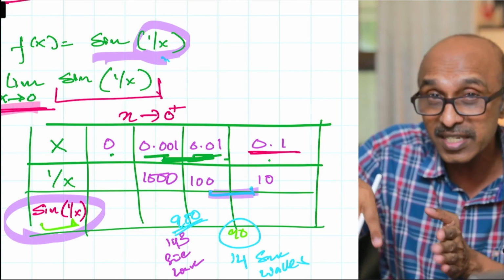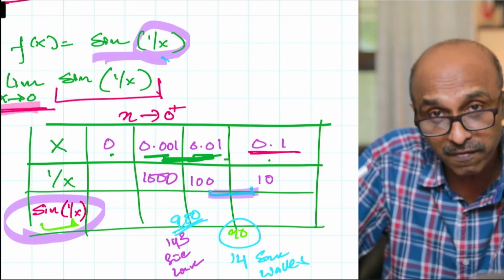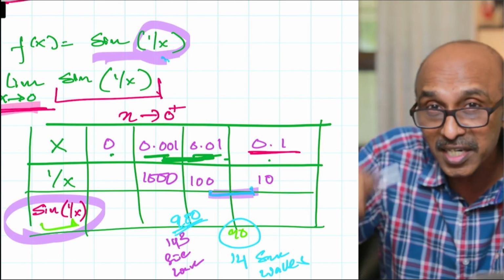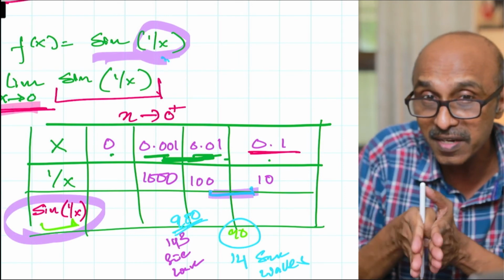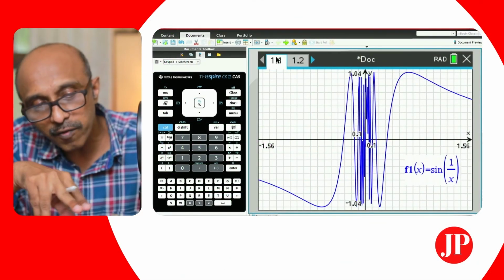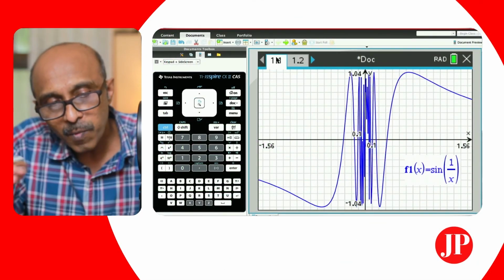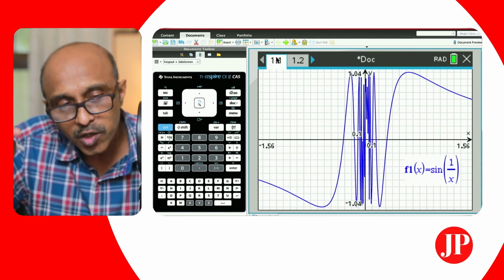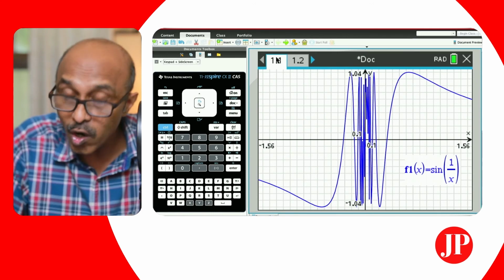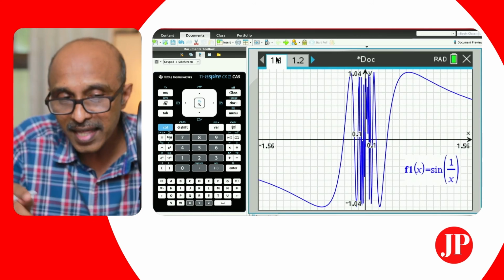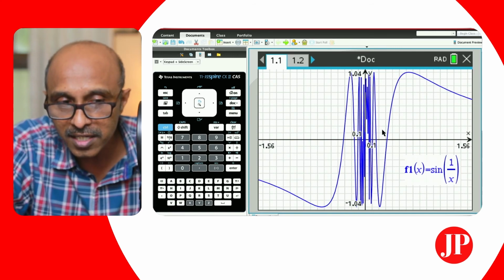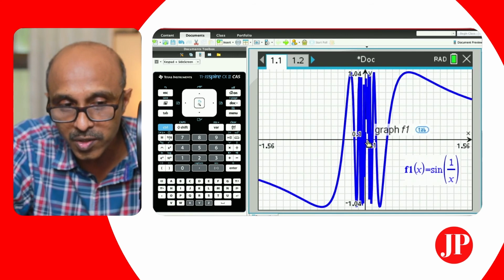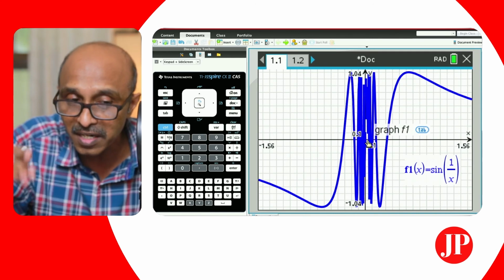It's going to increase. Sine is an oscillating function anyway, but the oscillations become so rapid because the number of waves is increasing. That is why, when you look at the graph of sine of 1 over x as x approaches 0 from the right-hand side, you see the oscillations. As we saw using this numerical approach, initially the frequency of sine waves is not as much, but as it comes closer and closer, the frequency increases.